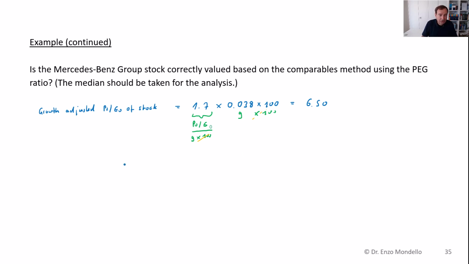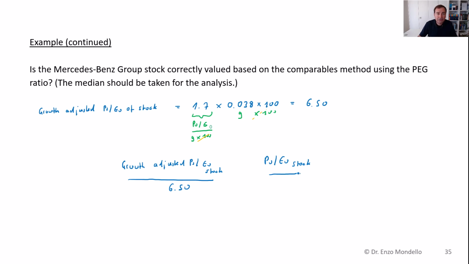And next we can compare the growth adjusted PE ratio of the stock calculated above of 6.5, and we can compare that with the trailing PE ratio of the Mercedes-Benz Group stock.